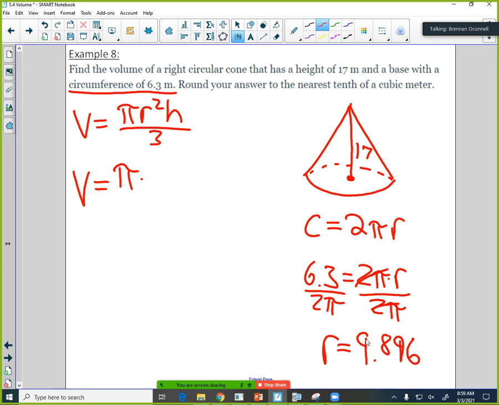So then we go back here. Pi times the radius, which we got is 9.896 squared, times the height, which we said was 17, divided by 3.